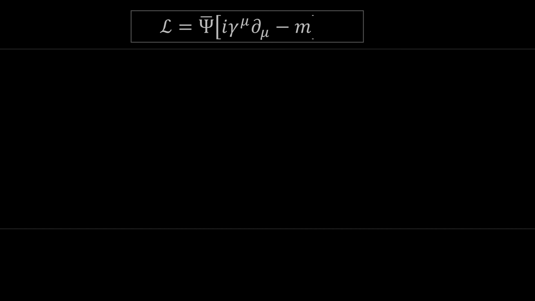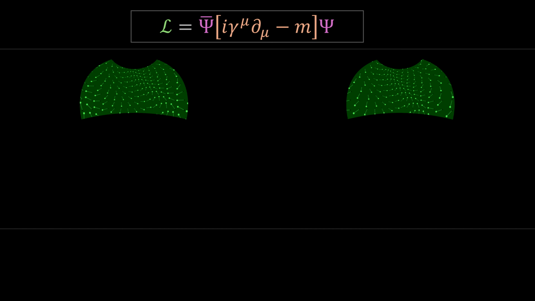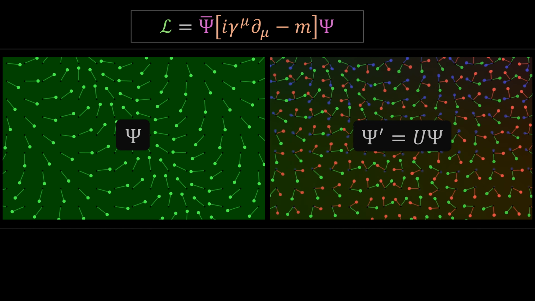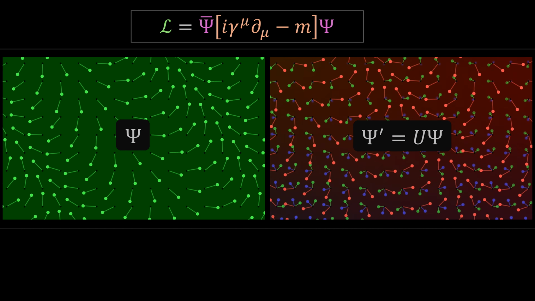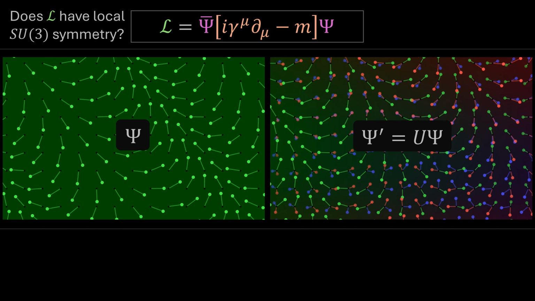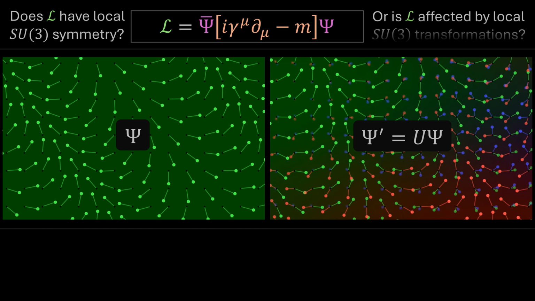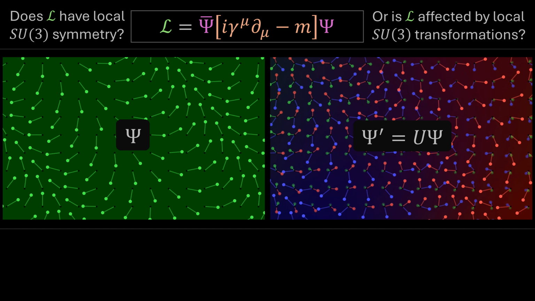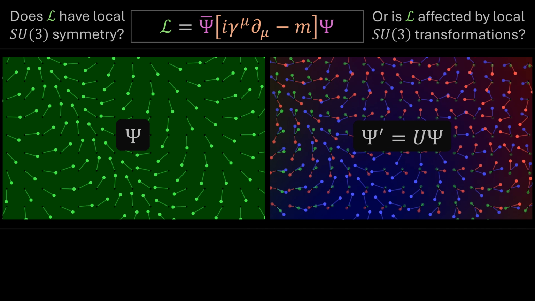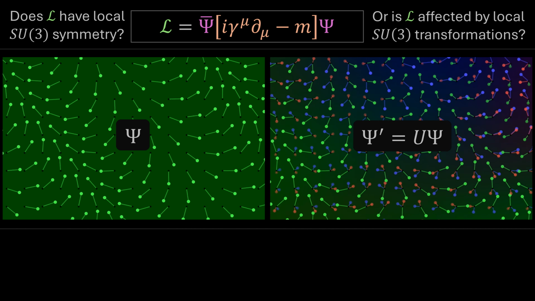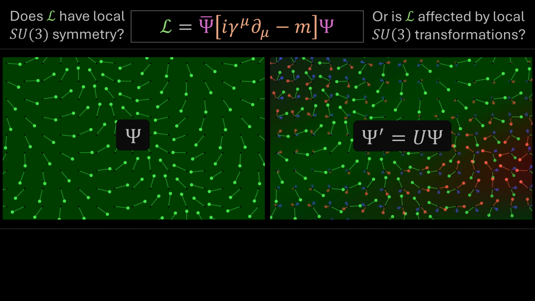All right, so we have this Dirac Lagrangian for a quark color triplet field, and as we've seen, if we apply a local SU3 transformation to psi, it appears to really mess things up. And so we strongly suspect that the laws of physics given by the Dirac Lagrangian should not naturally have local SU3 symmetry. We suspect that we have to add something to our model of physics to equip it with local SU3 symmetry.